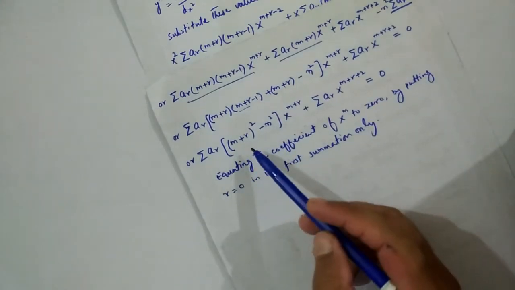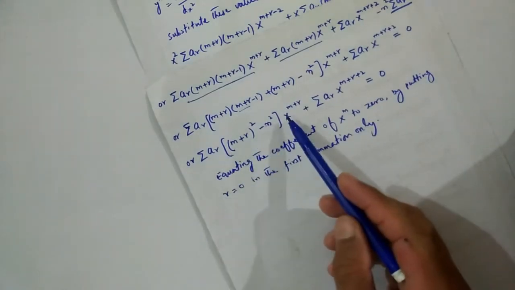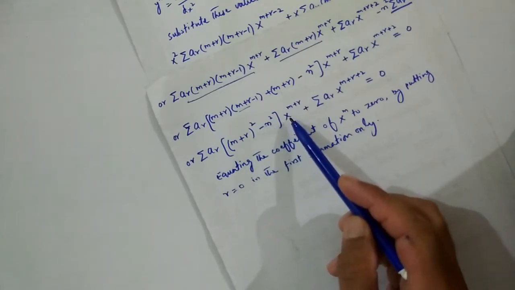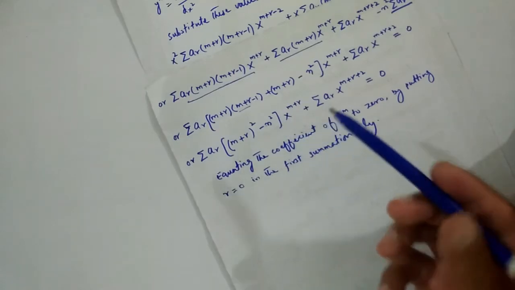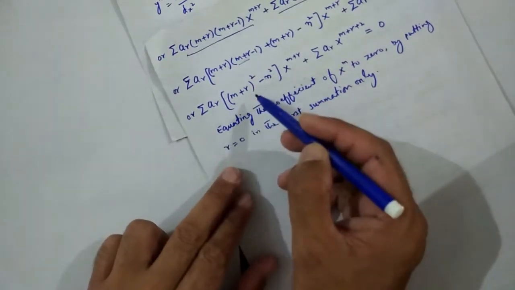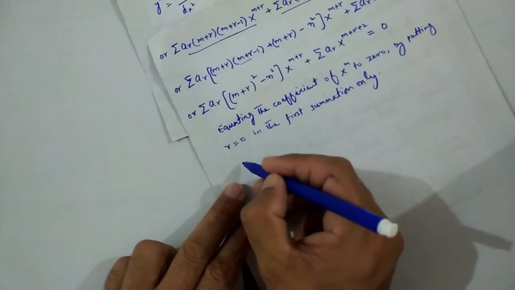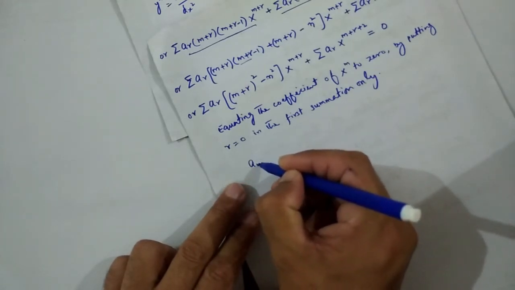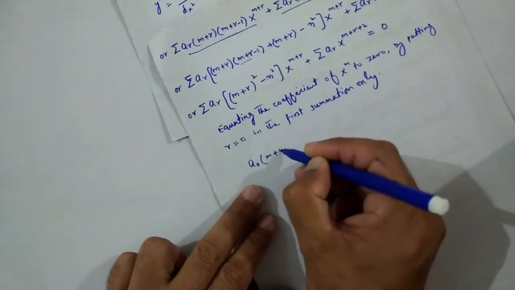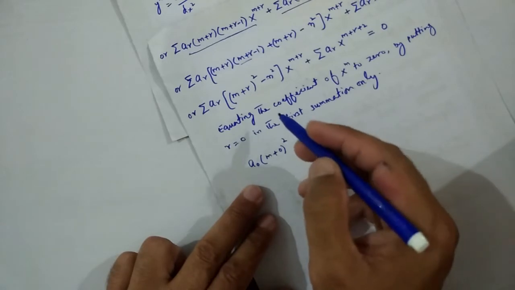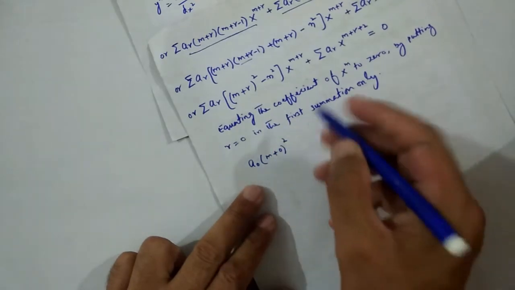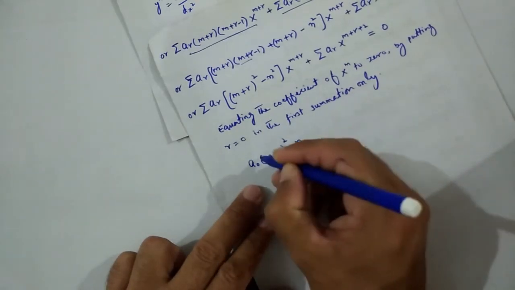In the first summation, if we substitute r equals to 0 and then equate the coefficient of x to the power m to 0, we will get a naught into m plus 0 whole square, because we substituted r equals to 0, minus n square.